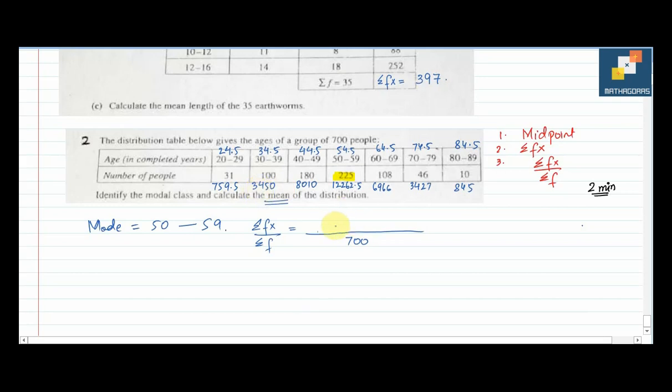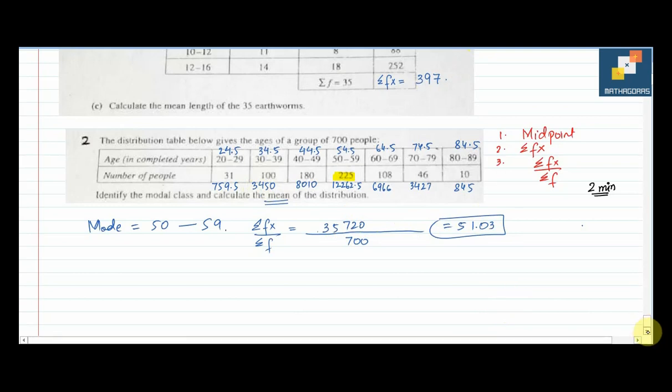It sums up to 35720, divided by 700, and that is equal to 51.03. That is your estimated mean of this question.